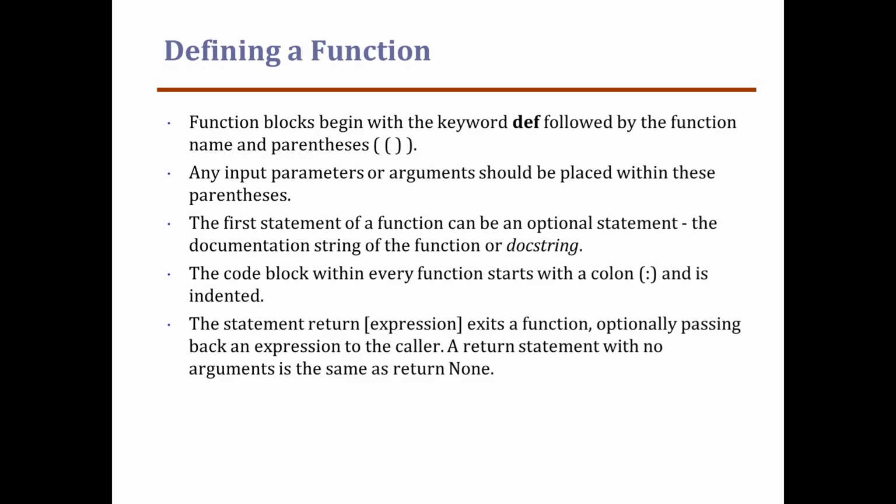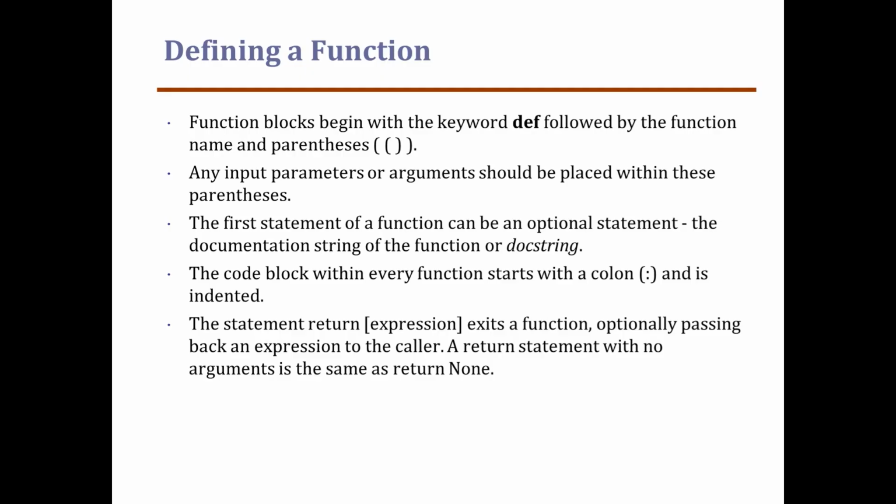The first thing is defining the function. In Python, a function is defined using the keyword def, followed by the name of the function and the list of parameters it receives. Any input parameters or arguments should be placed within these parentheses. The first statement in the function is called a docstring, which is an optional comment that we can give about the function, and it is recommended for clarity.